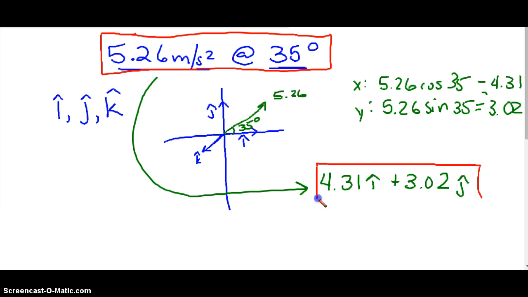It's just two different ways to represent the same vector. This method can be very useful for that example we did earlier when you're adding a bunch of different vectors. You would simply just add your I hats and add your j hats, and possibly if you had k hats, add those, and then you would end up with your final answer.